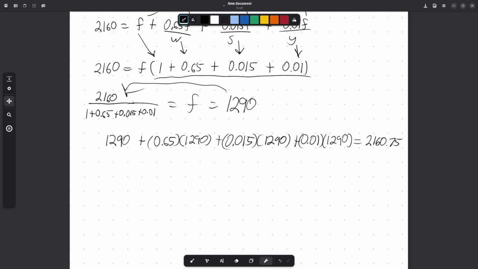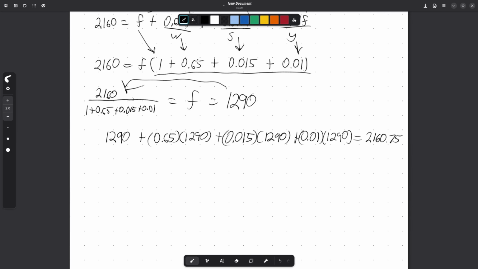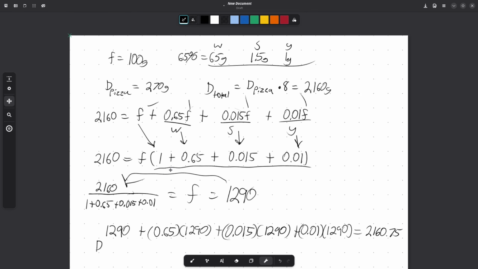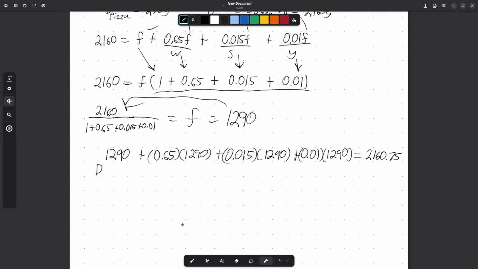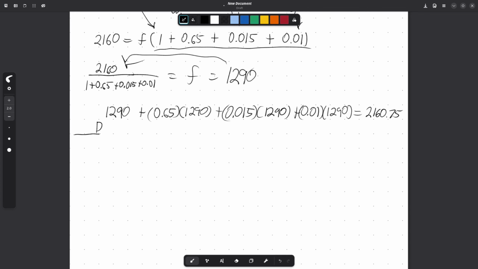So, using basic algebra, we have derived a formula for how much flour we will use in our dough recipe. In this case, D is a constant, and we set D to 2160. It will be D over 1 plus 0.65 plus 0.015 plus 0.01.